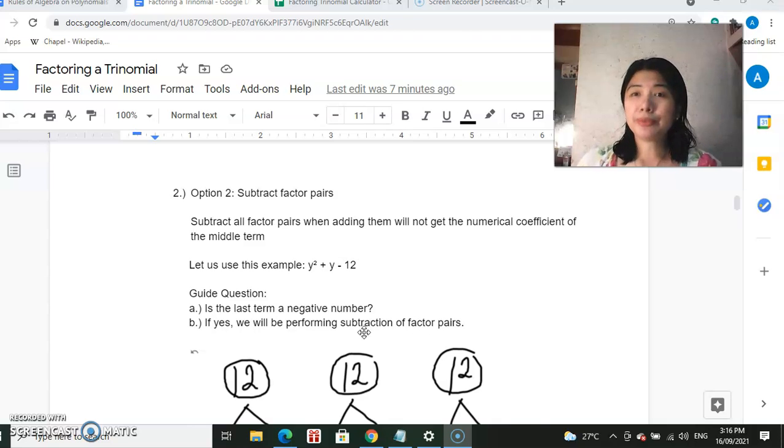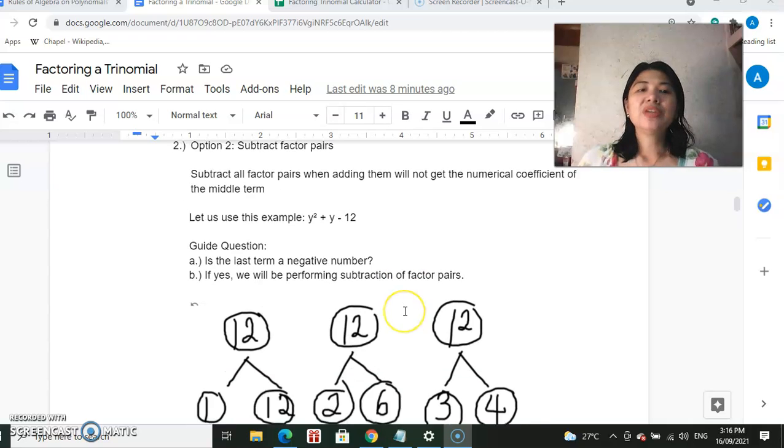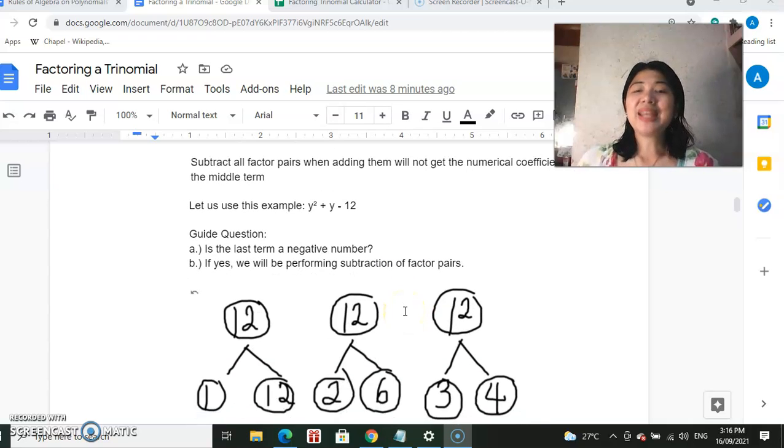And option number 2, when are we going to subtract the factor pairs of the last term? So again, we are in a scenario where the first term has a numerical coefficient of 1. So what is the number in the last term? It is negative 12. Since it's negative, is the last term a negative number?